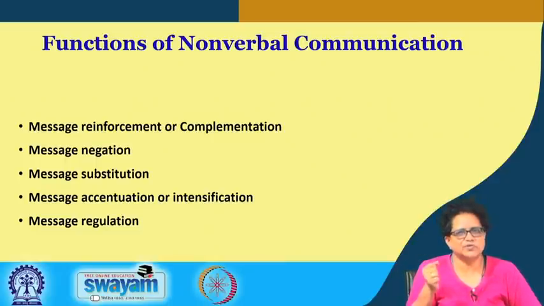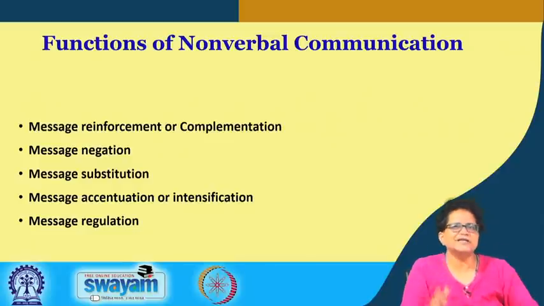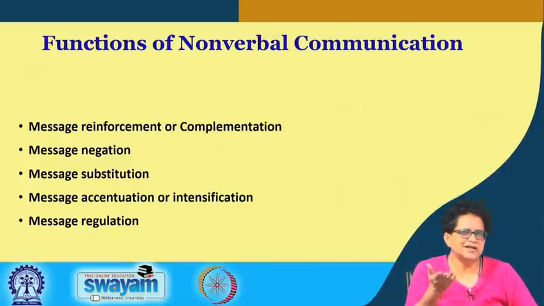So, in fact, message regulators are some actions of ours, for example, staring or prolonged gaze or eye contact, which signifies to the other that now it is my turn to speak, or for example, regular nodding of the head, that okay, I understand, now let me speak. So, these are some examples of message regulation, which is the fifth function of nonverbal communication.